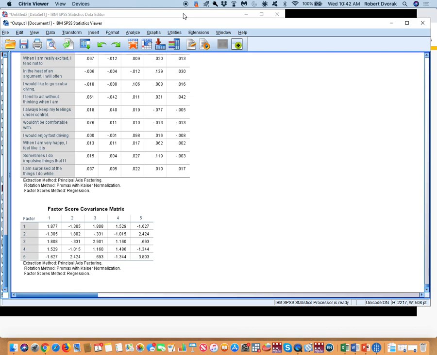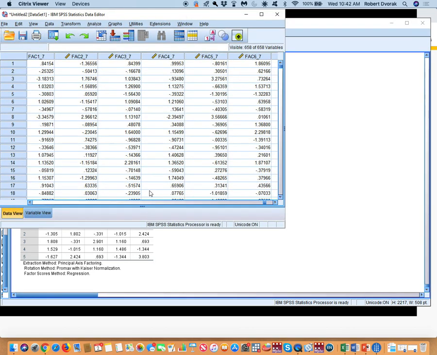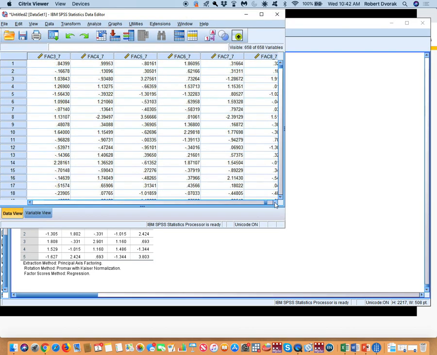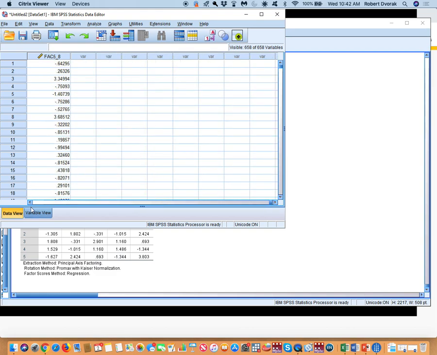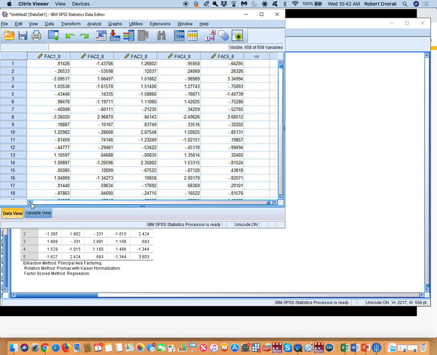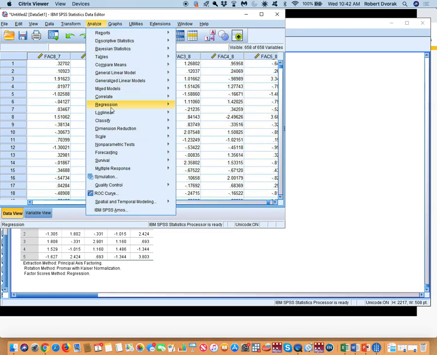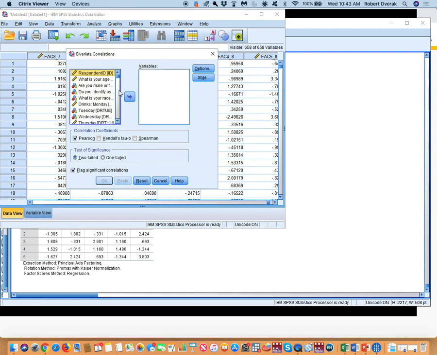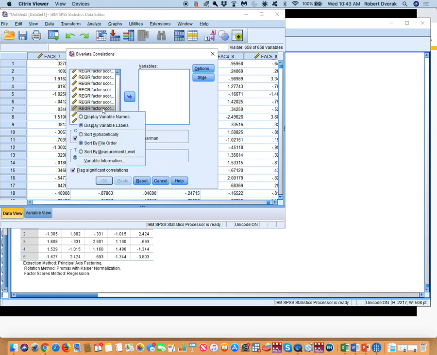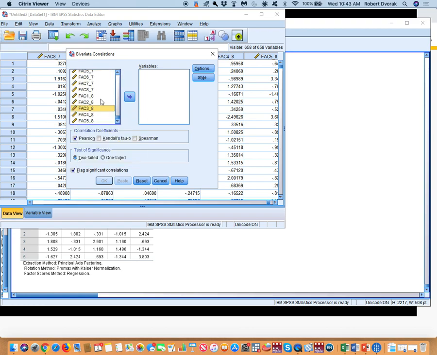Let's do this. I've just been adding and adding and adding these. So let's go analyze, correlate, and let's go 1, 2, 3, 4, 5.